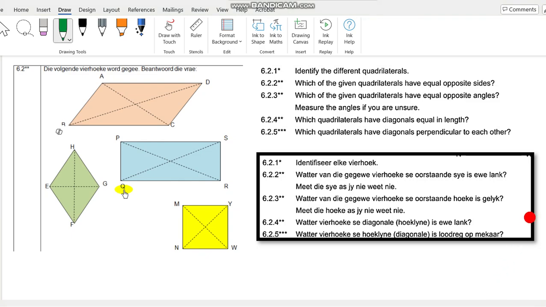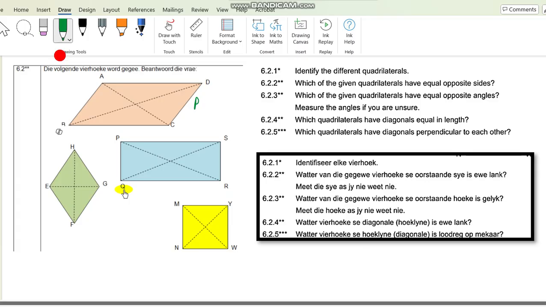Right, so 6.2, you will see you've got both sets of questions for English and Afrikaans. Top ones is English, bottom ones is Afrikaans. So you have four shapes, which is the orange, the green, the blue, and the yellow. So firstly, what you need to know is that this one is, I'm not going to write out the name fully, a parallelogram.